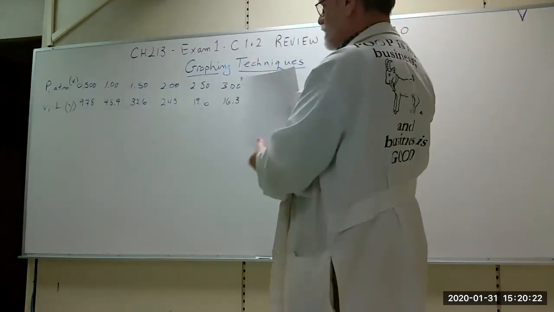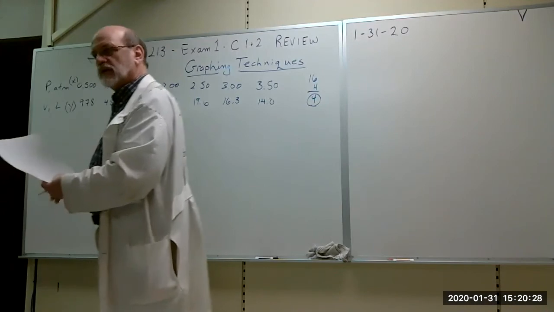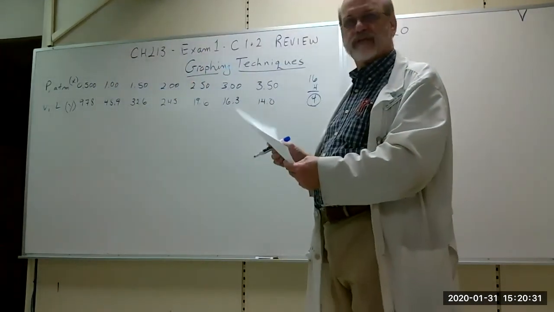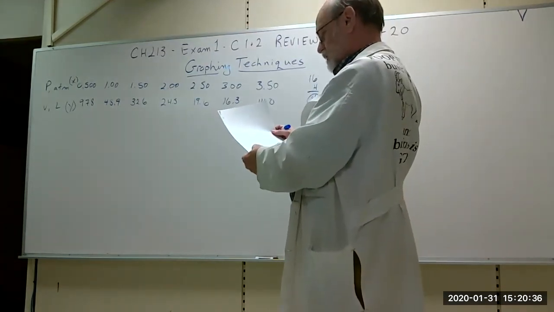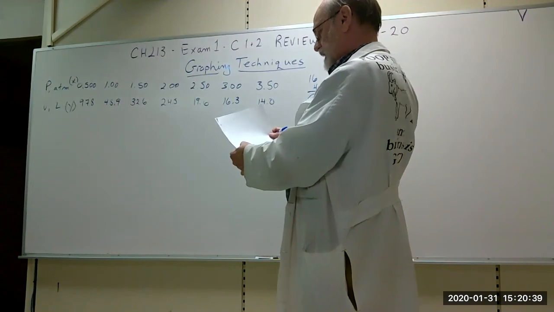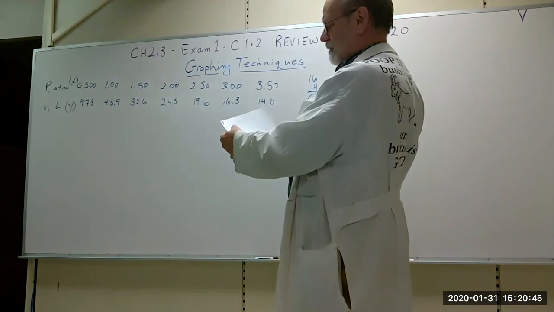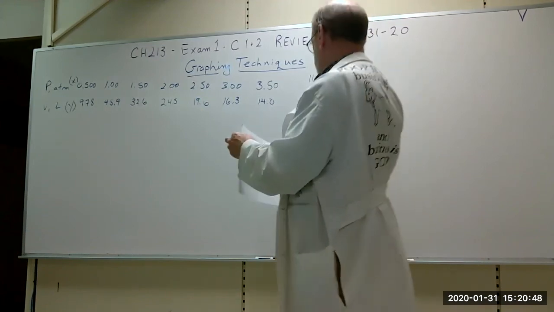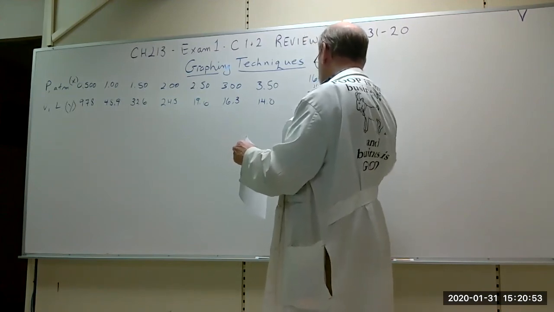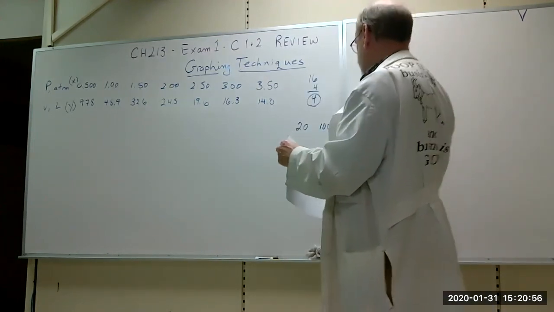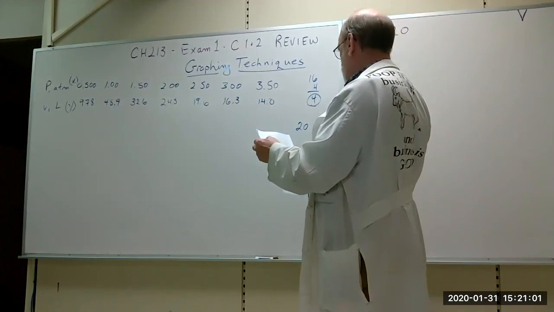Now we need the y-axis. So the y-axis looks like we're going to go up to maybe 100 would be a good range to fit everything in. We go from 0 to 100 on the left. Let's see how many squares we got. 1, 2, 3, 4, 5, 6, 7, 8, 9, 10, 11, 12, 13, 14, 15, 16, 17, 18, 19, 20. So 20 squares represents 100.